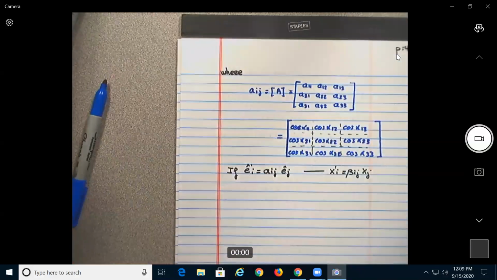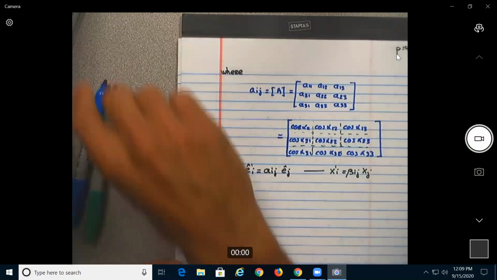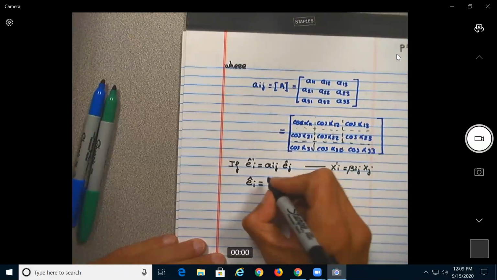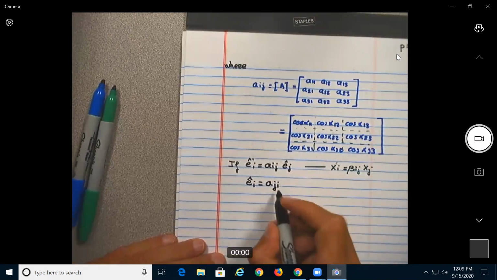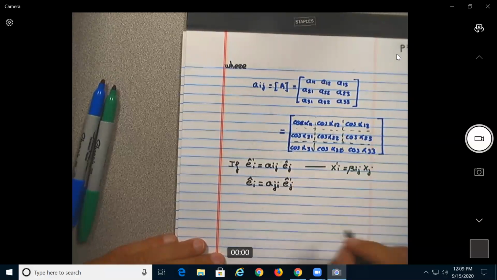Similarly, we will have that e_i will be equal to a_ji e'_j, if the orthogonality condition is satisfied.